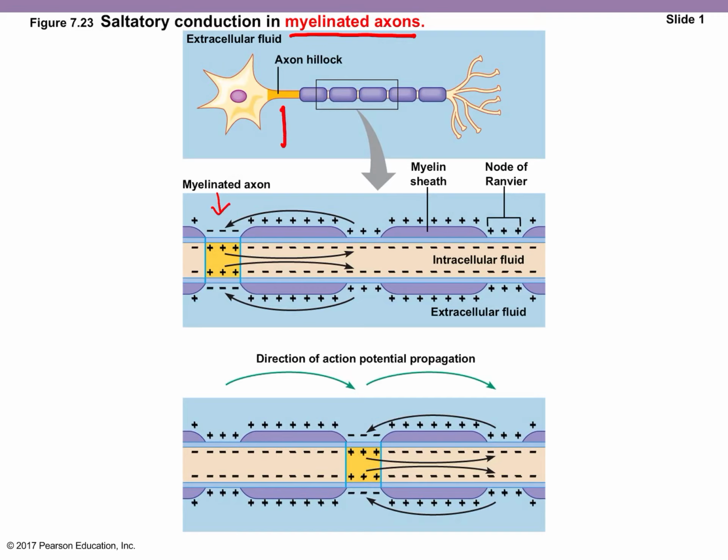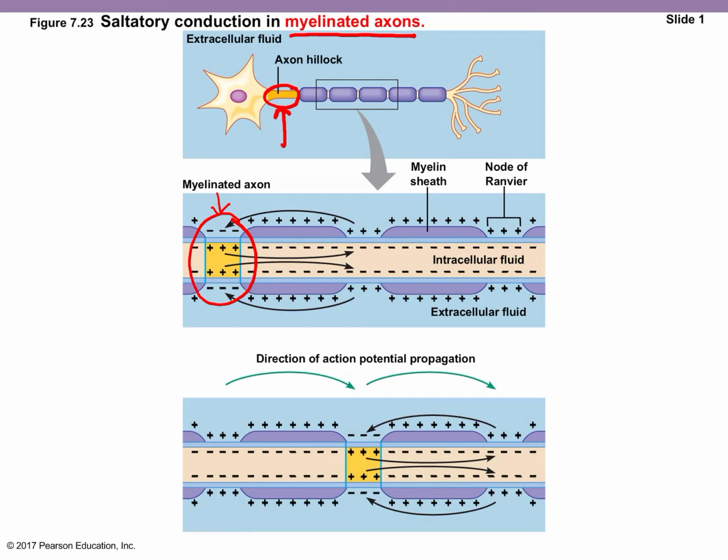If action potentials start here at the axon hillock, the depolarization event happens at a node, and then that depolarization will skip the entire area where we have myelin, because it's insulated, and we can't have transport of ions through the many layers of myelination.